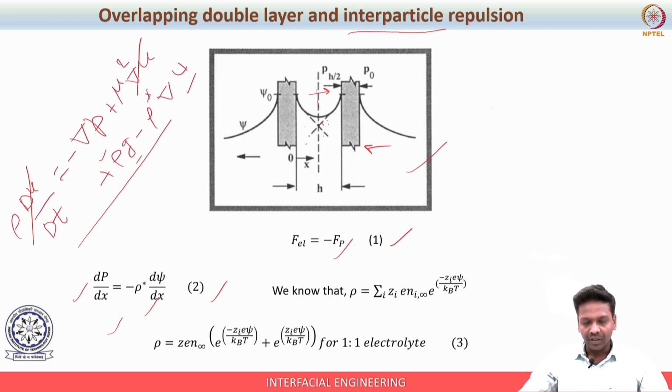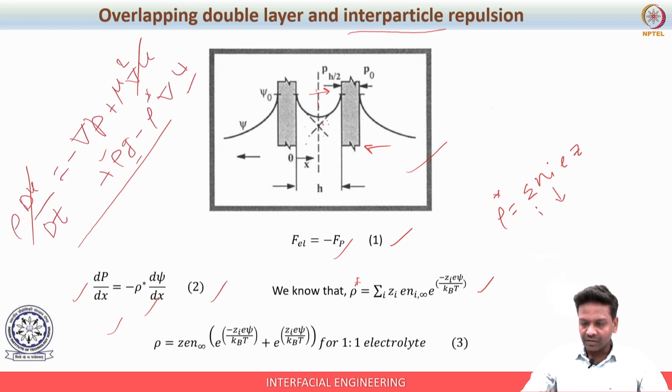Our approach is to get to the electrostatic repulsive force. So we know what rho star is. Rho star is defined in this way: rho star is nothing but the summation over i of N_i e Z_i, that is, electron charge times valence.